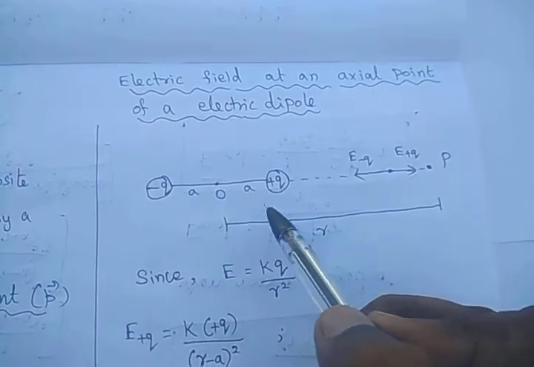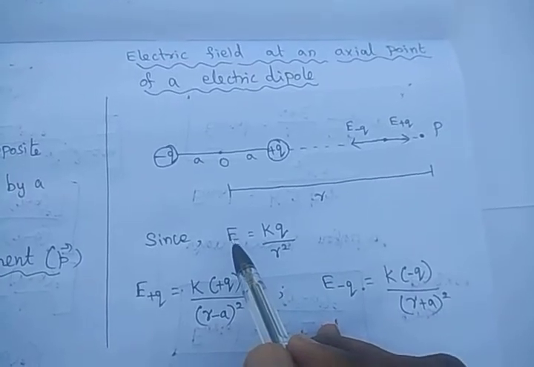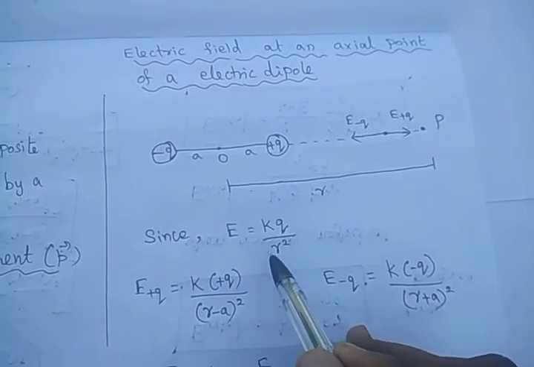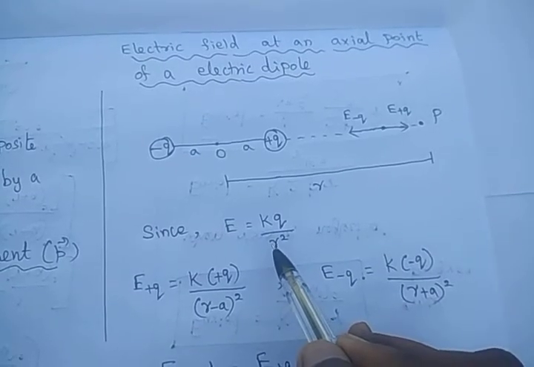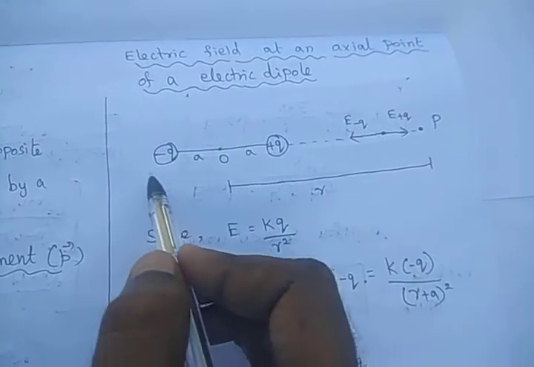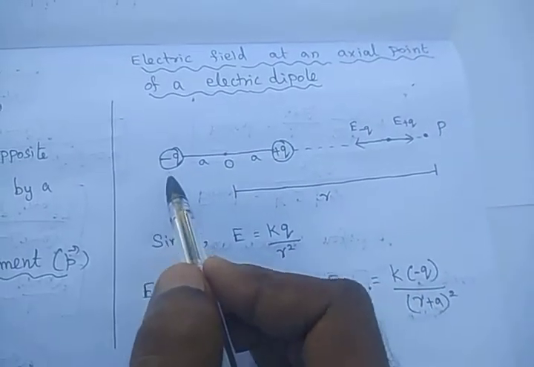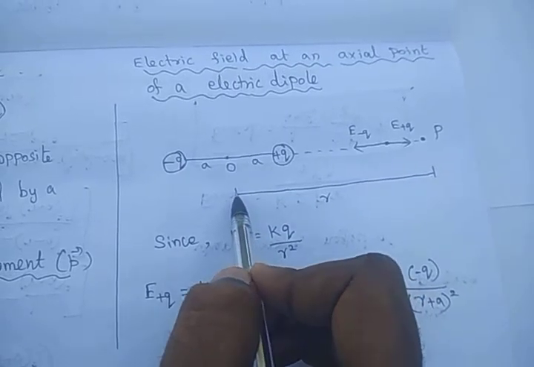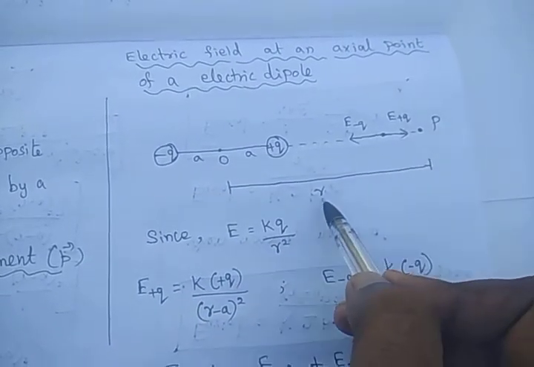In the equation E = kq/r², this r represents the distance between the point and the charge. Here we have a system of two charges. We consider from the center O, the distance from O to the particular point is r.